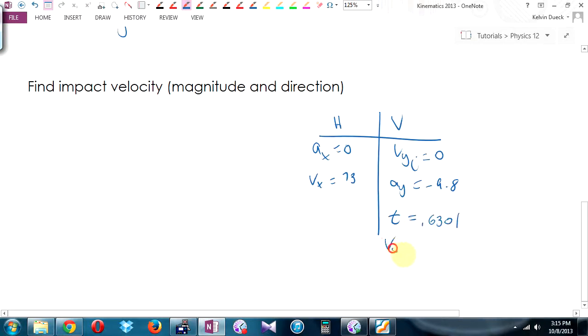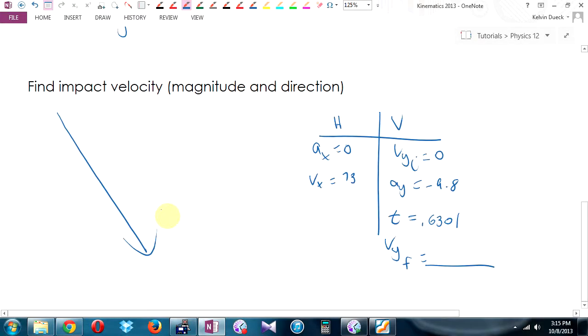You could find how fast it was traveling vertically when it hit. Because I think the impact velocity, when it hits the ground, I think it's hitting the ground something like that. Could be steeper, could be shallower, but it kind of looks like that.